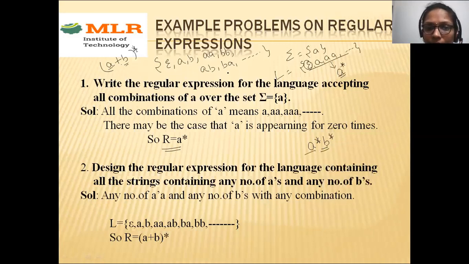But in this set, we may have B's followed by A's also, so I cannot go with this. You may go with the expression A or B, any number, that's why you're keeping the whole star. The regular expression will be (A plus B) whole star, A's or B's whole star.